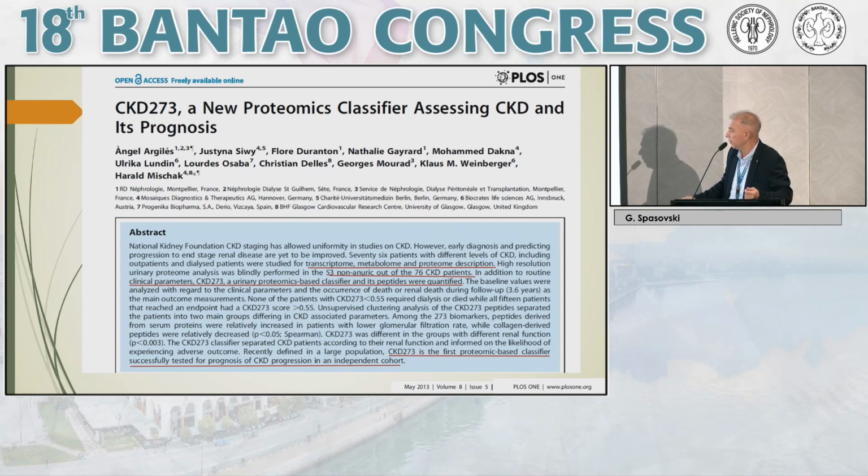And this was successfully tested for prognosis of CKD progression in an independent cohort with follow-up of these patients for 3.6 years. All those who had an increased level of this marker have shown fast progression.